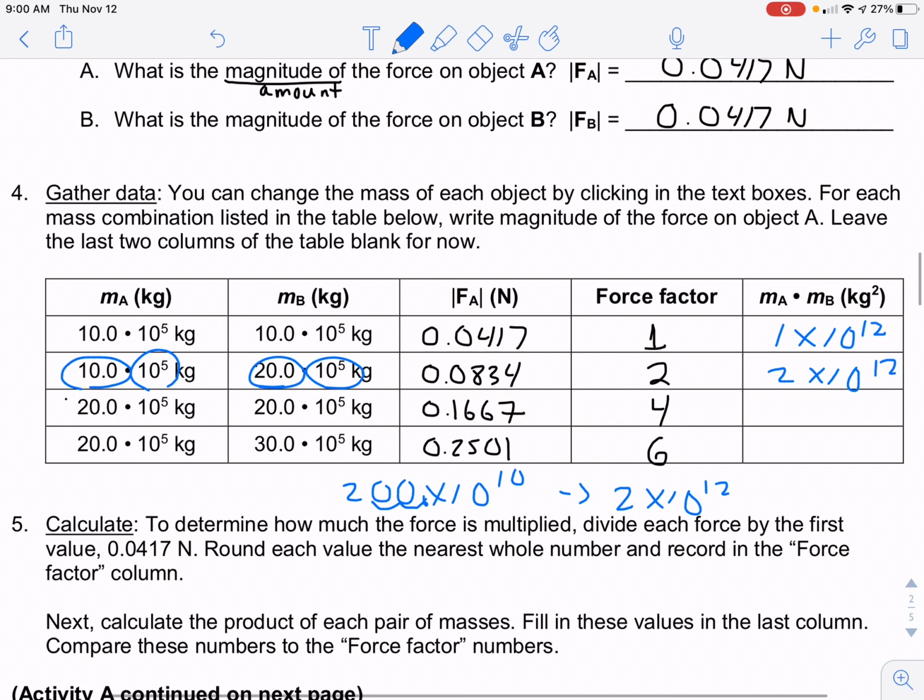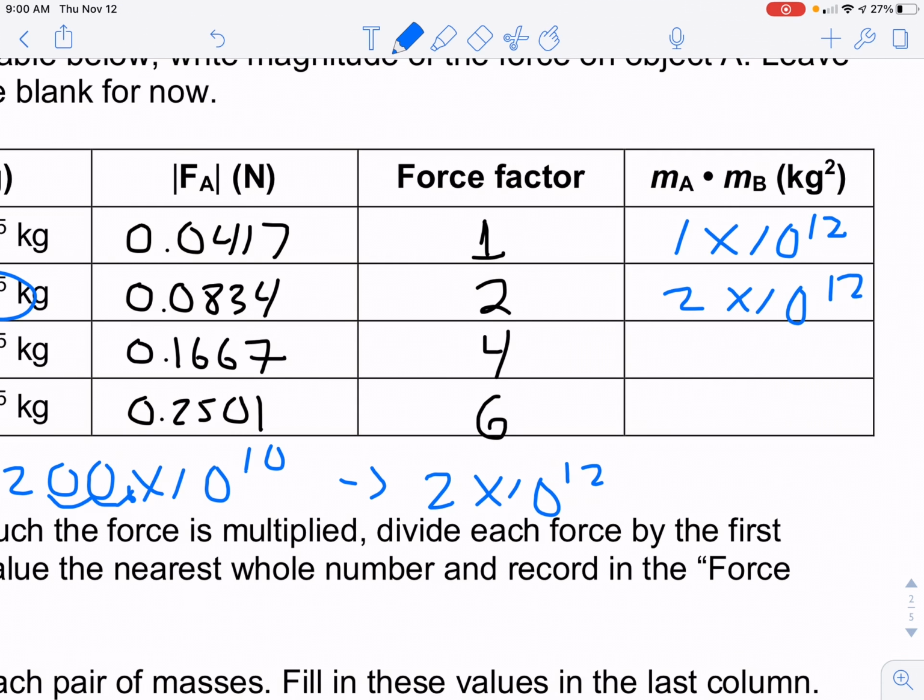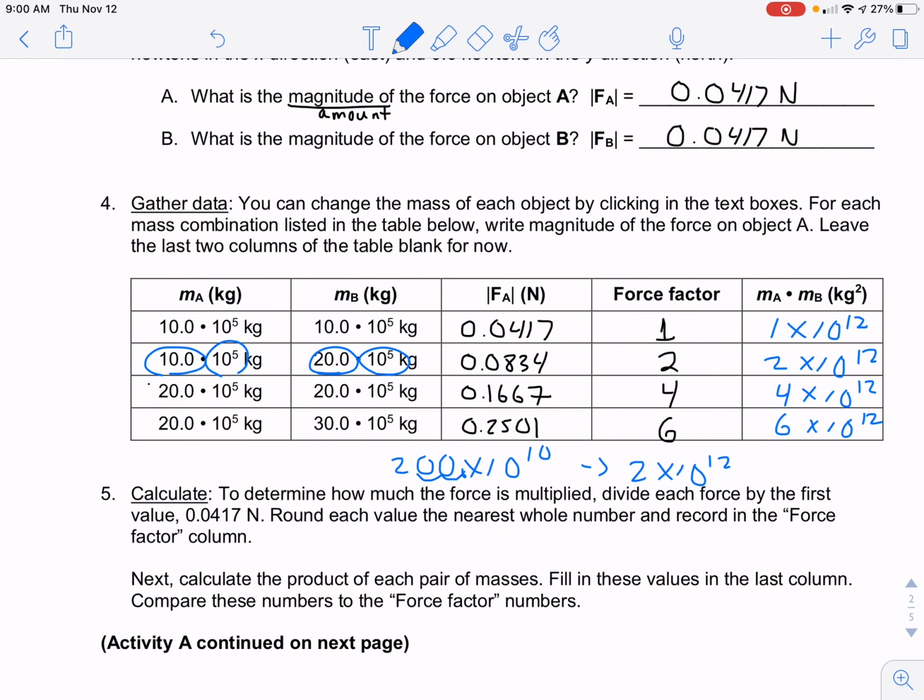Is there a pattern? I think there might be. So if this is 10 to the 12 and this is 10 to the 12, I wonder what we put here. Maybe it has something to do with your force factors right here. And indeed, if you did that, you would get 400 times 10 to the 10, which is 4 times 10 to the 12. Or you would get 600 times 10 to the 10, which is 6 times 10 to the 12.